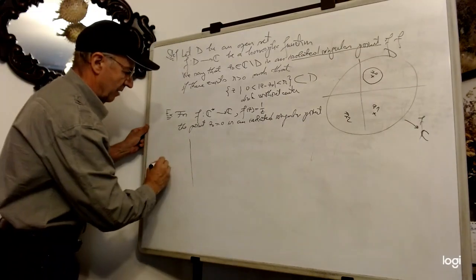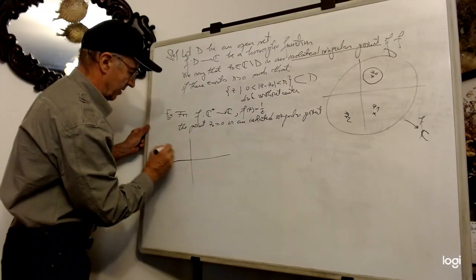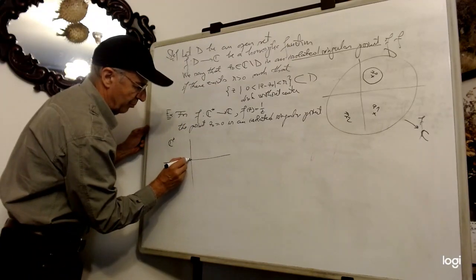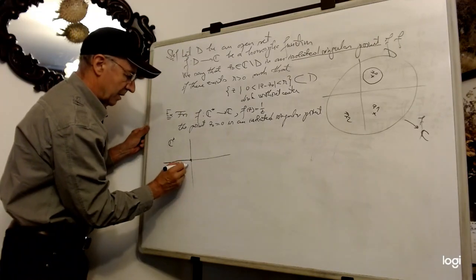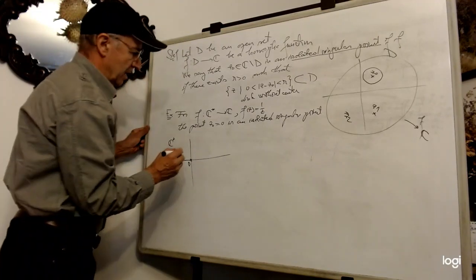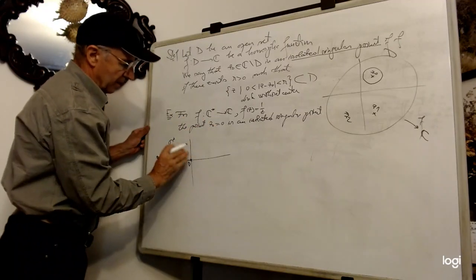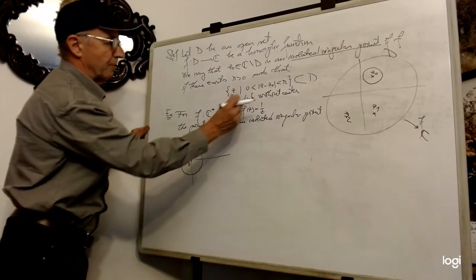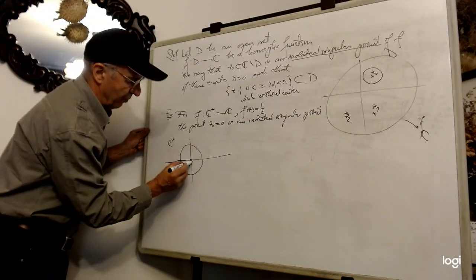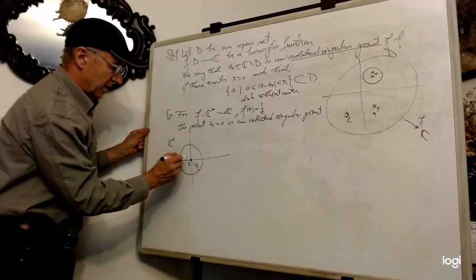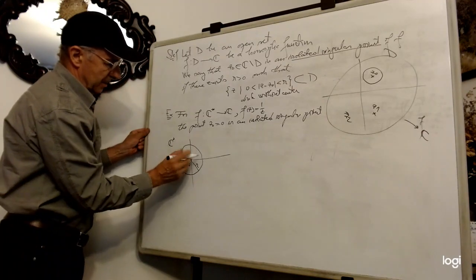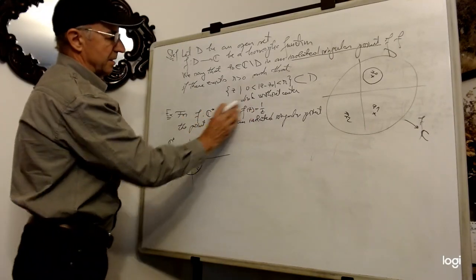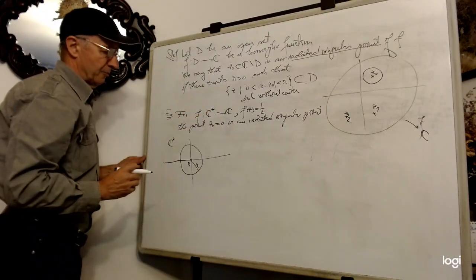In this case, our function is defined on the complex plane C star, that is C except just one point, 0, which is eliminated. For any positive R, this set, a disk without the center, is contained in the domain of definition.